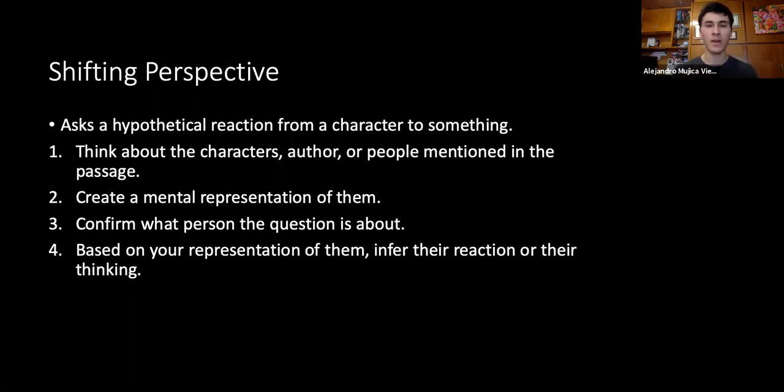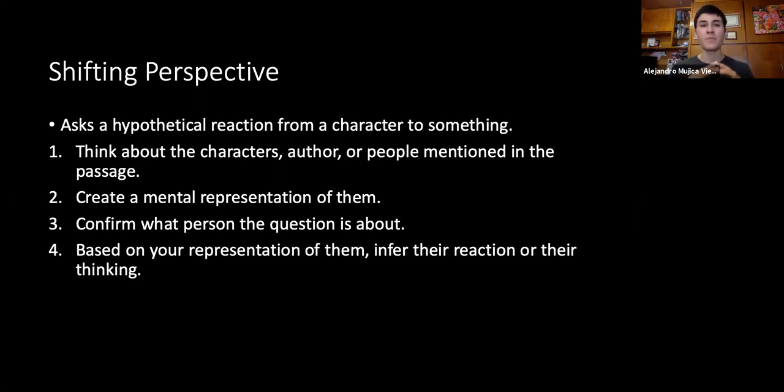So it's hard. My process for this type of exercise is: think about the characters, author, or people mentioned in the passage. Create a mental representation of who they are, so their emotions, their actions, their ideas, anything related to them that can inform the answer. Confirm who the question is about, because the question will mention one specific person.